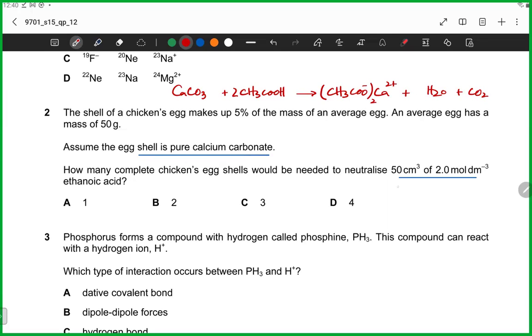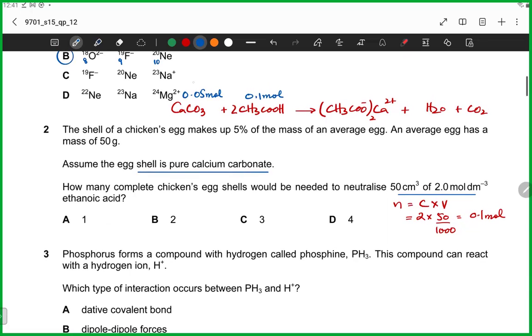Can you tell me how many moles this is? This is 2 times 50 divided by 1,000, right? Yeah. Can you double check this? It's 100 over 1,000, right? Yeah. So we've got 0.1 moles of ethanoic acid. So your moles of calcium carbonate would be half of that, so it's going to be 0.05 moles, right? Yep.